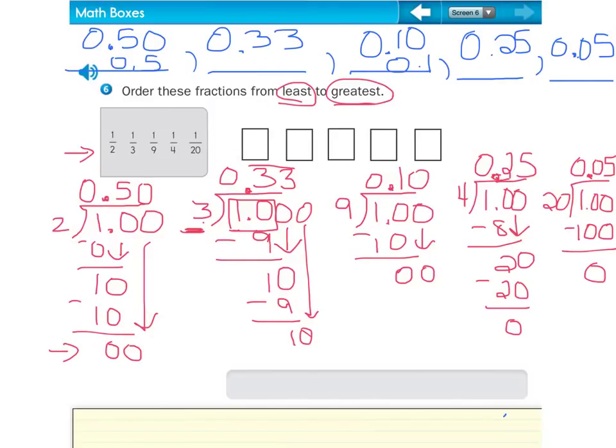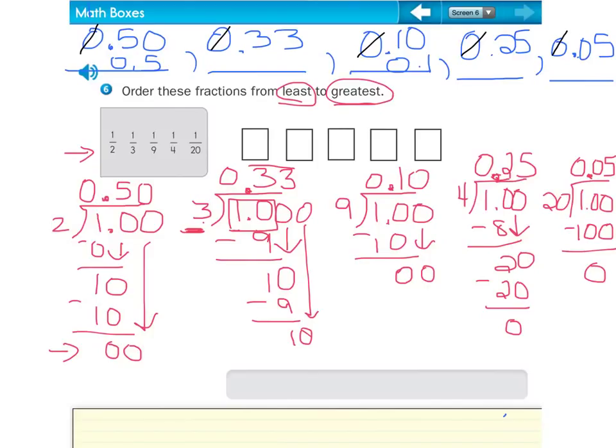Now, I'm going to take those and put those in order. Looking at the first number, first digit, I should say. I'm going to switch colors again. They all have a 0 to begin with, so I need to look at the next number. Which number is the smallest? Next number, the smallest, because again, I want it to be least to greatest.